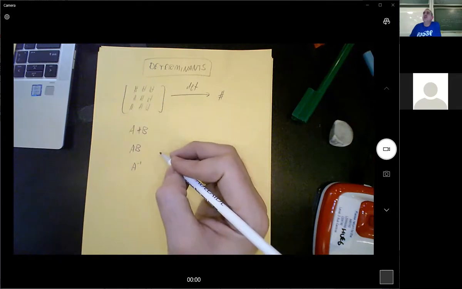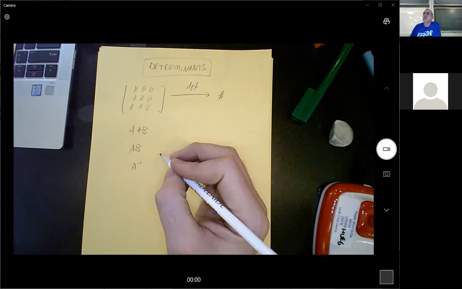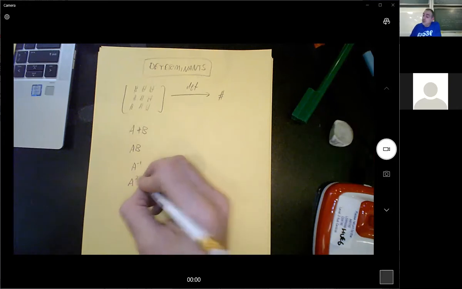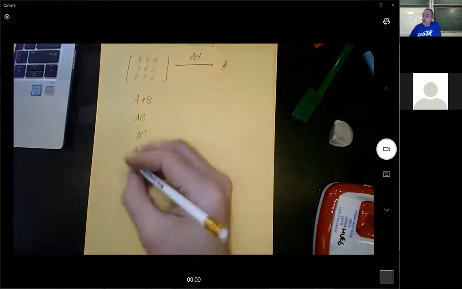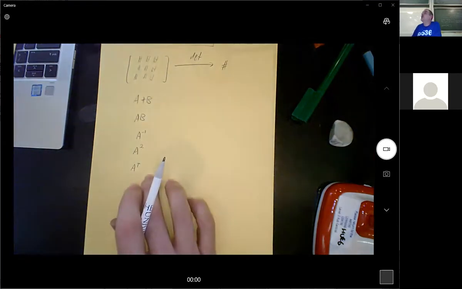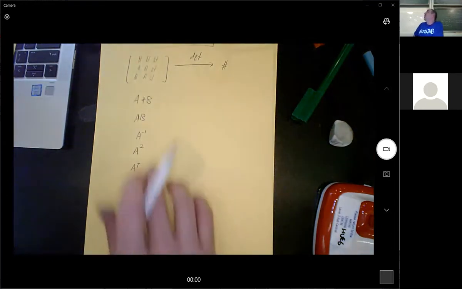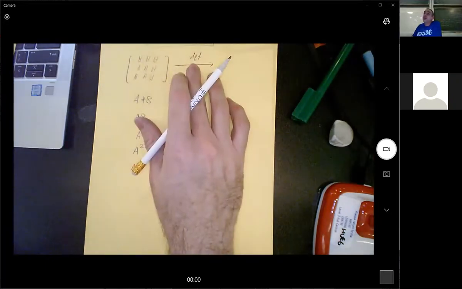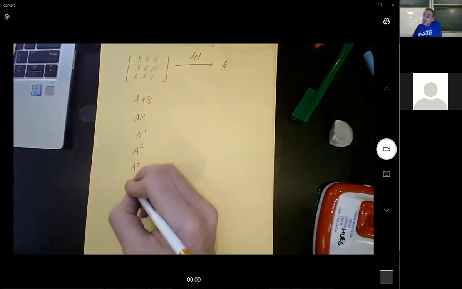Did they cover transposes in this course? Yeah. You can do powers, like squared, and you can do transpose. These are all things you can do to matrices. And our question is, now that we can do determinants, how do they interact? Oh, we can multiply them by constants as well.